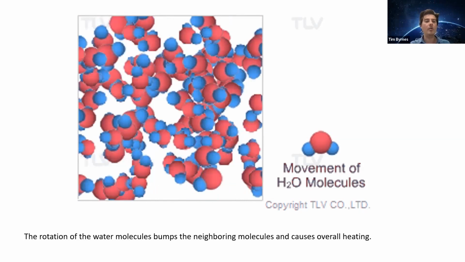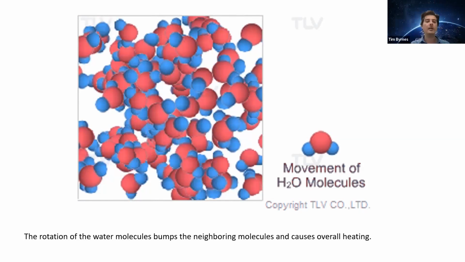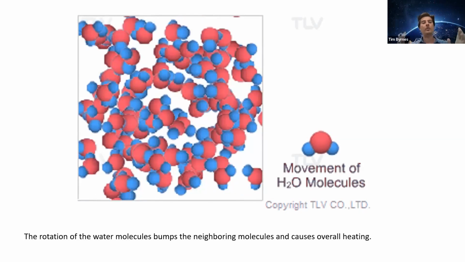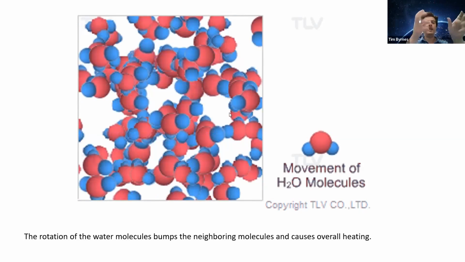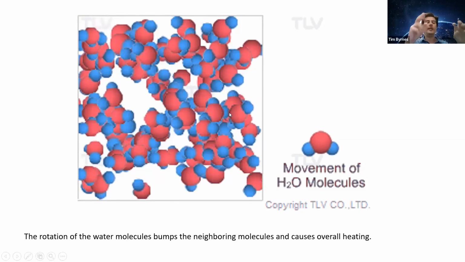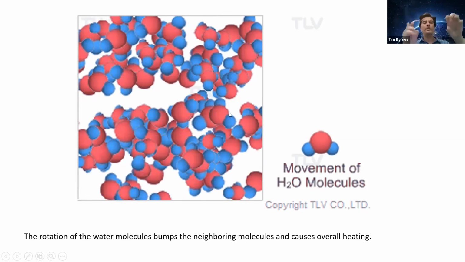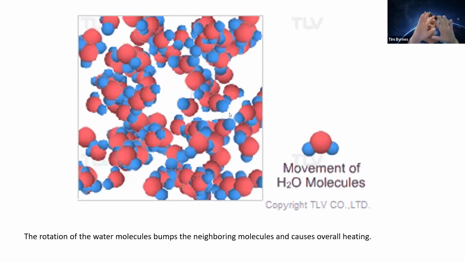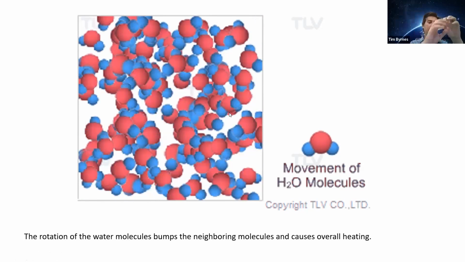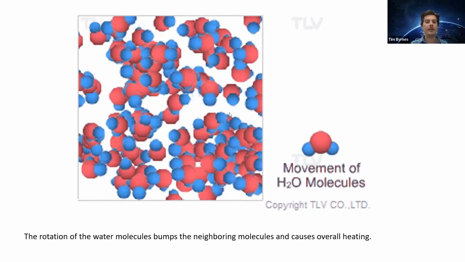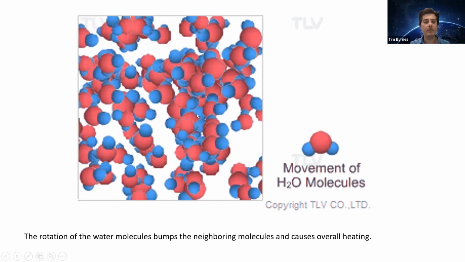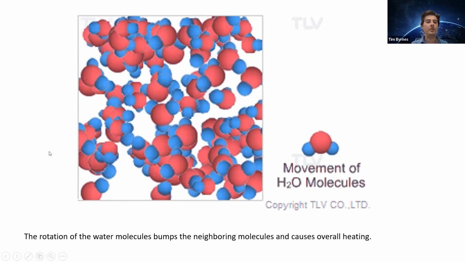So overall, this eventually causes heating in a more conventional way. It's not as if each of the atoms is just rotating a lot. The water is a liquid, of course, so the molecules roam around, rotate, bump around, and eventually it's a chaotic jumble of atoms moving around.